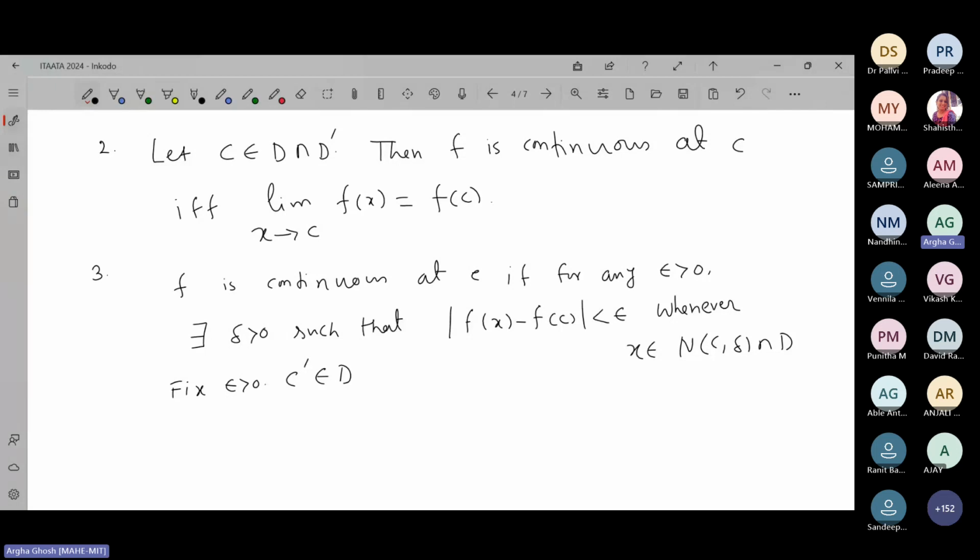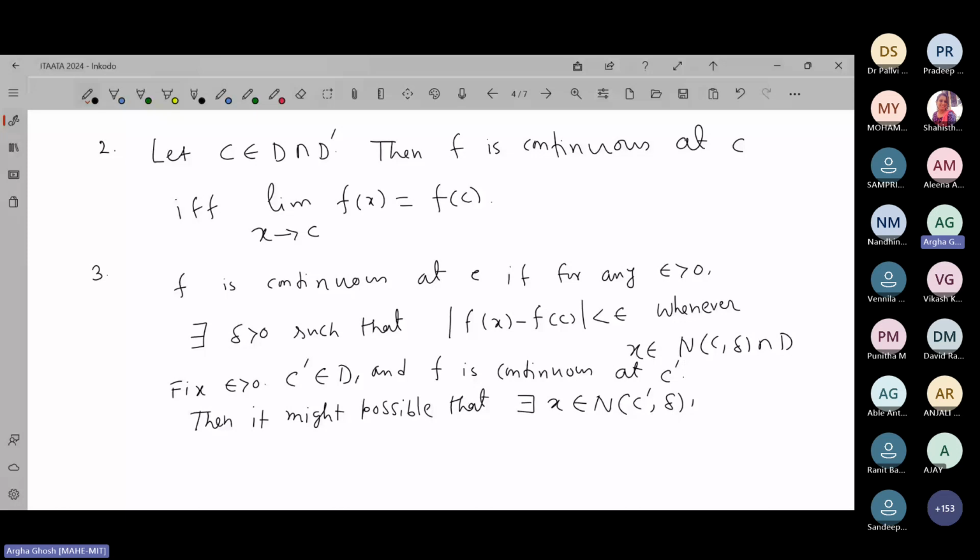Assume that f is continuous at C dash. Then it might be possible that there exists an element x in the delta-neighborhood of C dash intersection D such that |f(x) - f(C)| is greater than or equal to epsilon.